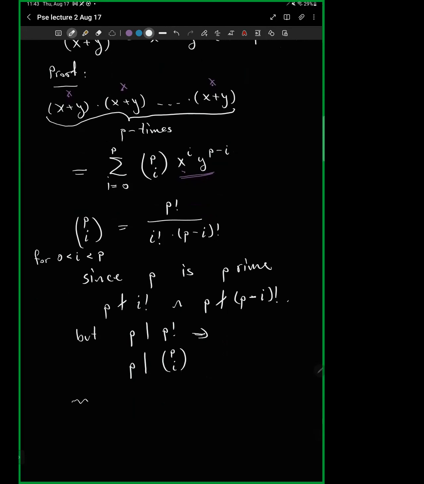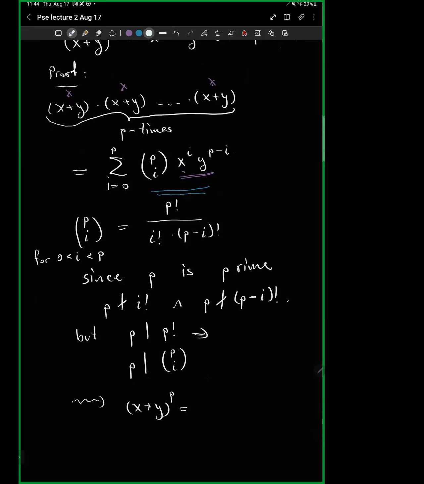So this is all to say, all the inner expressions here, I get that x plus y to the p is equal to, well, now I need to take the sum only with the edges.